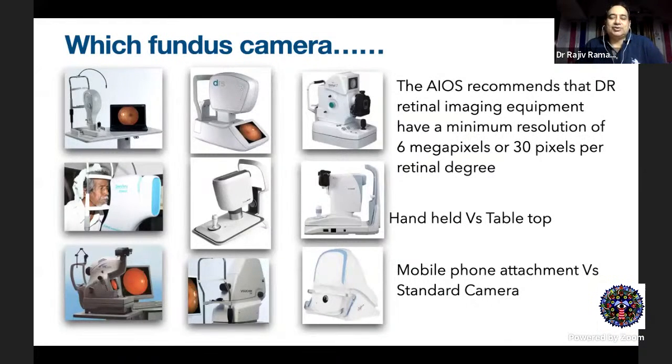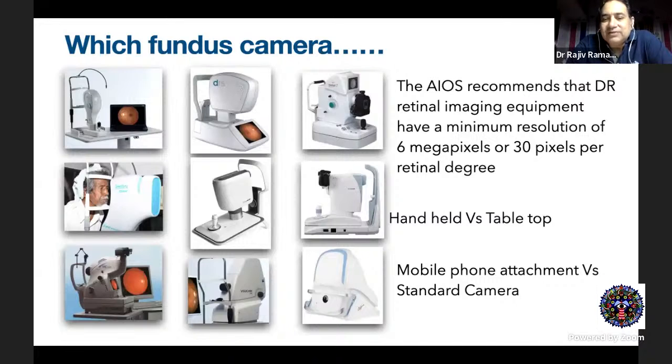Handheld has the advantage of carrying it to the field, doing house-to-house screening. The disadvantage is it needs a little training, and sometimes the movements of the hand can cause a little poor image quality. More stable is a tabletop model. However, it limits the portability of this instrument.